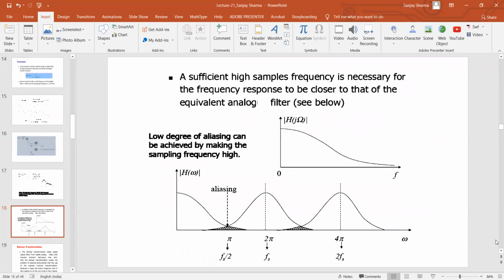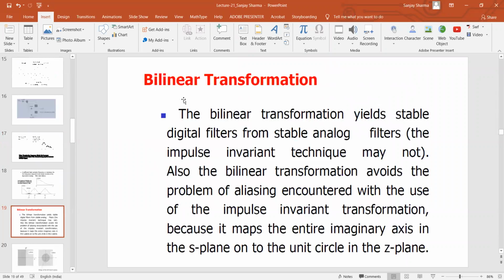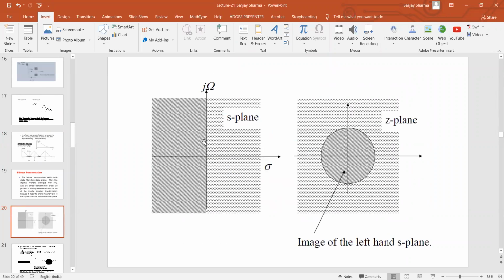What happens in the bilinear transformation is that the complete left side of the j capital omega axis, this complete left side of the S plane, goes inside the unit circle.